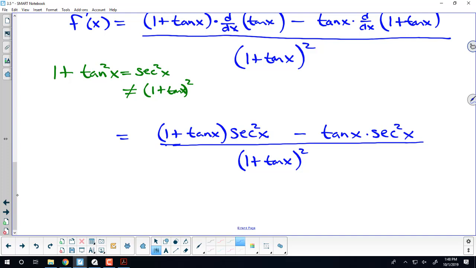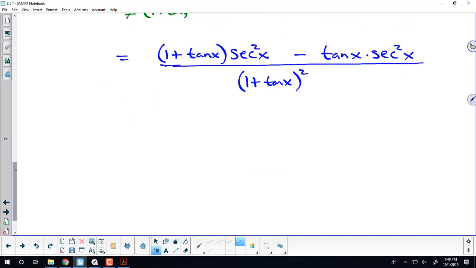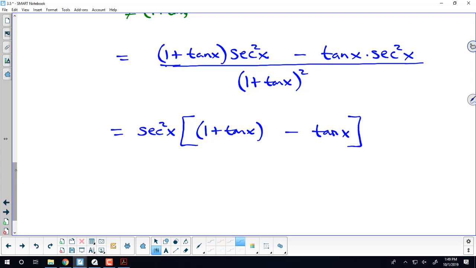If you take out a secant squared from the top, or factor that out rather, we just have 1 plus tangent x here minus this tangent x on top, and then the bottom is still as is.